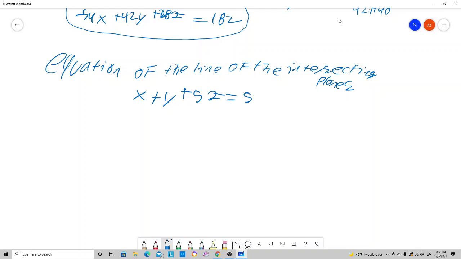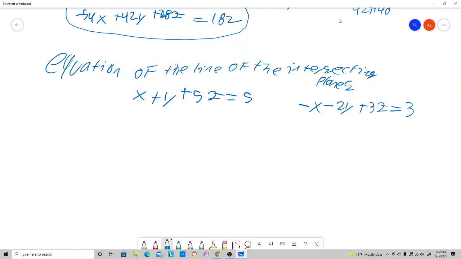And then I have another plane that's negative x minus 2y plus 3z equals 3. So first of all, I want to see if they're actually going to intersect, and where they are going to intersect.